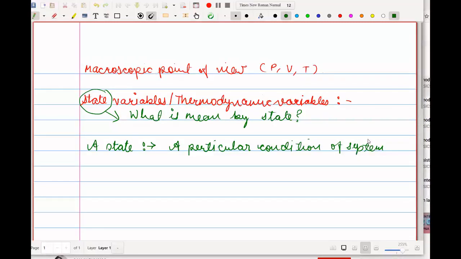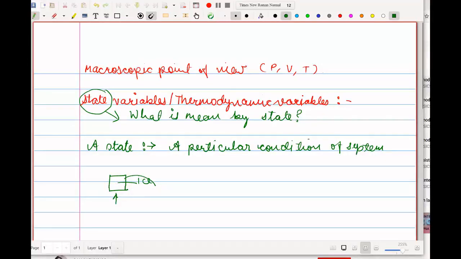Let me give you an example. Say you take a cube of ice. What happens when you heat this ice? It will melt into liquid form.